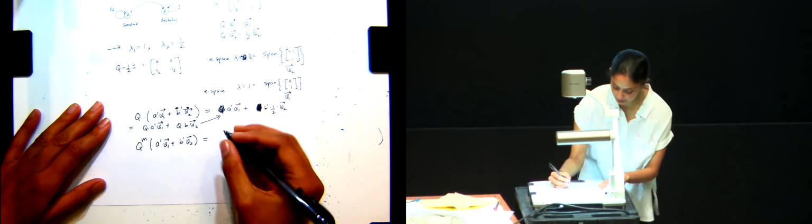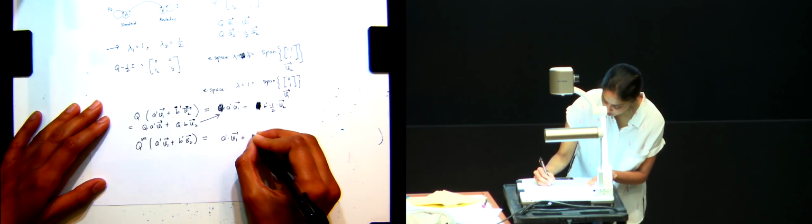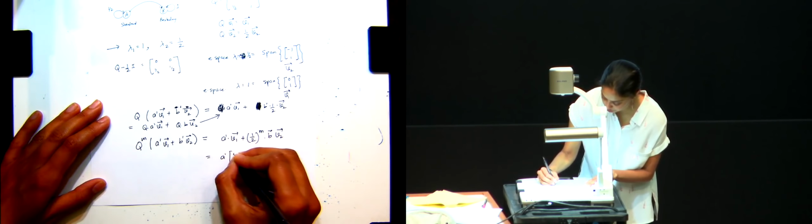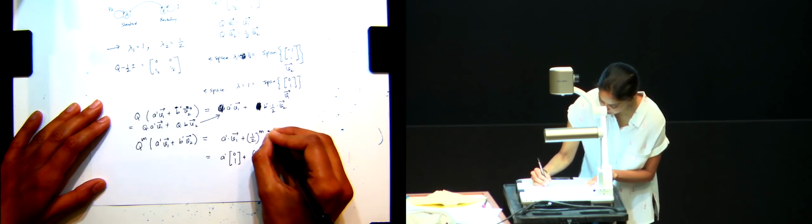So here I get basically A prime V1 plus 1/2 to the M times B prime V2. And if we write this out, this is A prime times 0, 1 plus 1/2 to the M, this is not a vector, times B times minus 1, 1.